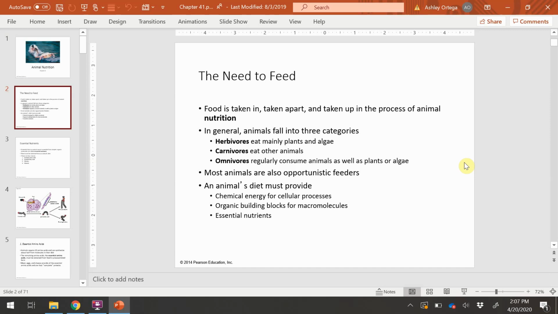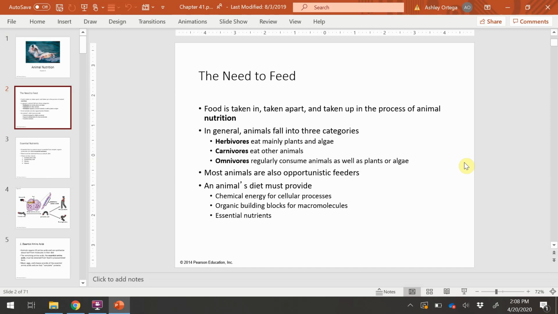There are other types of feeders as well that we'll look at in terms of how they consume their food. But overall, an animal's diet must provide the chemical energy for cellular processes, for cellular respiration, making ATP, and other processes, building enzymes, proteins, and molecules for cells that are needed for daily life.